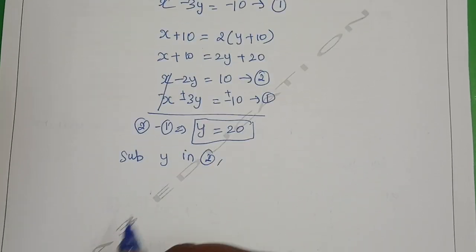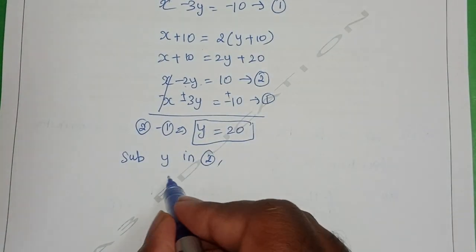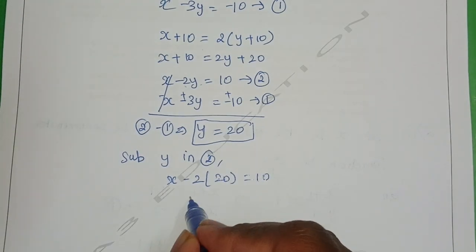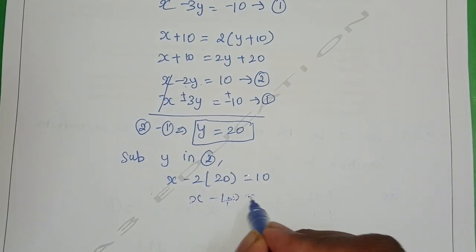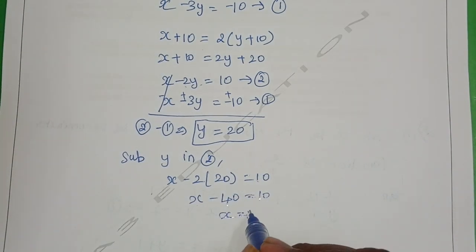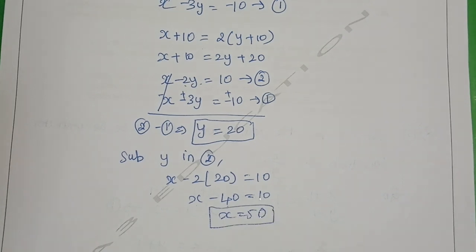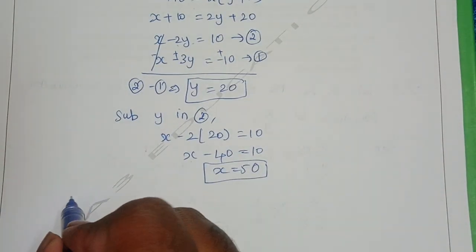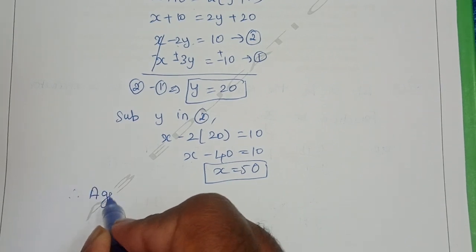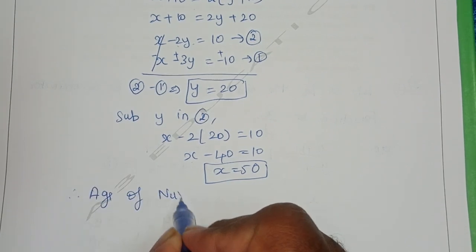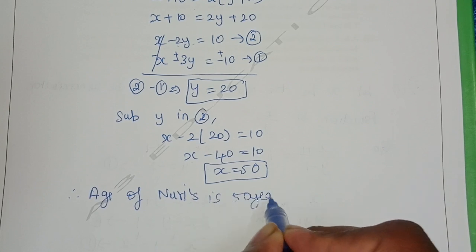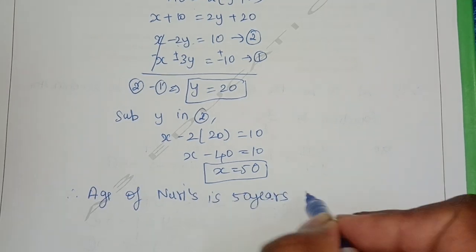The second equation says that x minus 2y, x minus 2 into 20 is equal to 10, which is x minus 40 equal to 10, which is x equal to 50. Therefore, we assumed that the age of Nuri is 50 years, which is x.